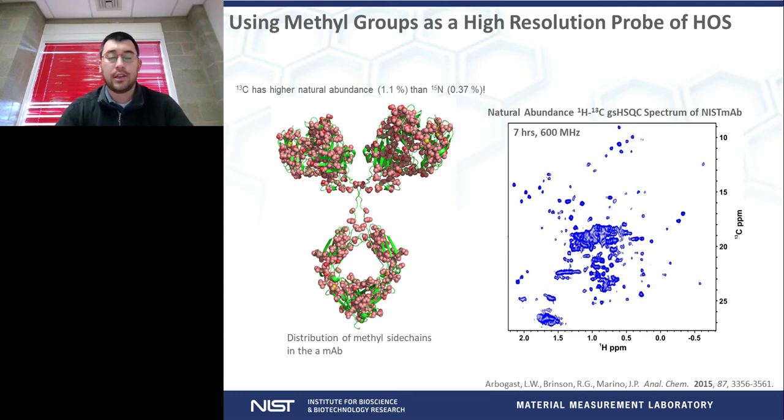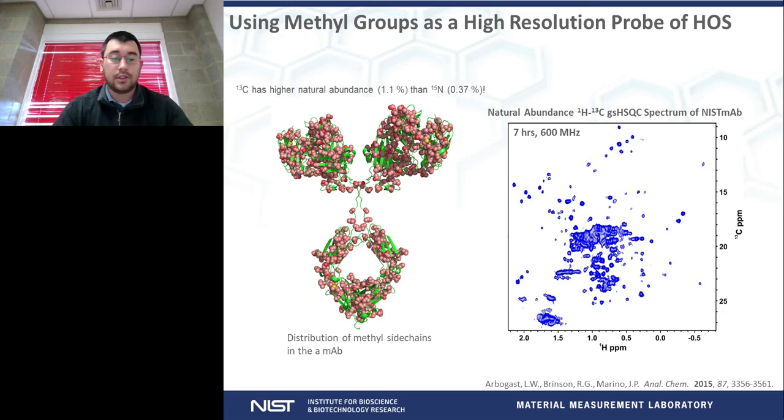The idea with this is that from a natural abundance perspective, carbon-13, which is an NMR active isotope, exists at about a 3 times rate to that of nitrogen-15. This means it's a much more sensitive technique than the previous slides I showed, where I showed the proton nitrogen HSQC. This allows us to get more detailed information.